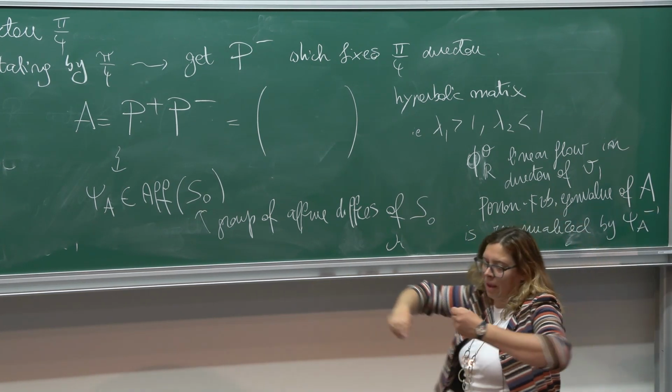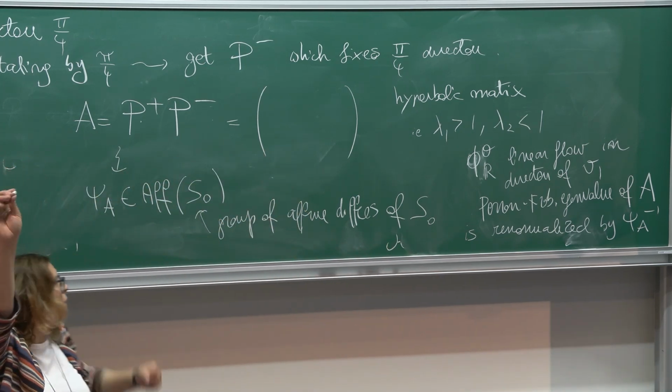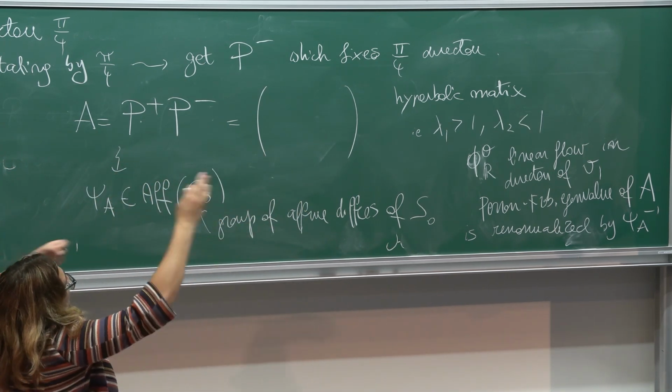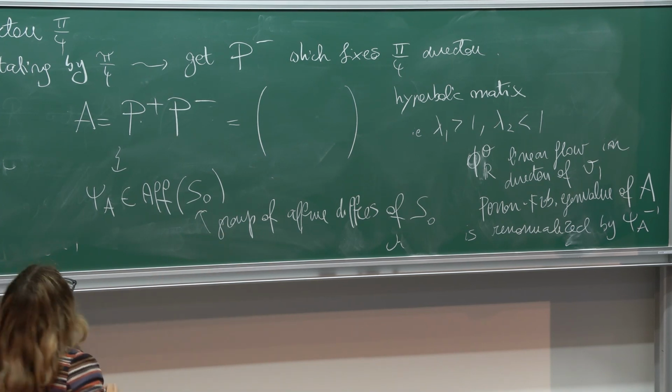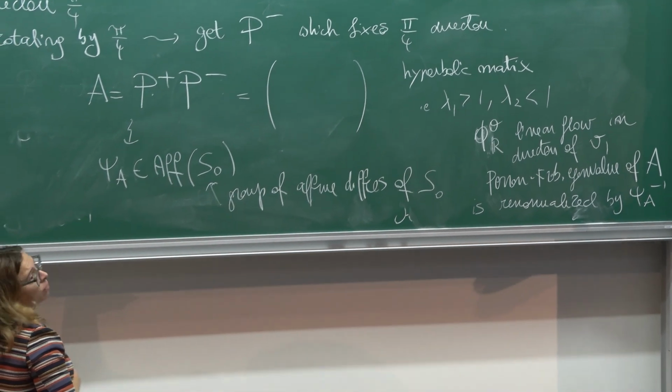So if I take a long trajectory of this linear flow, like in the cat map, I can rescale it by the inverse to a short trajectory of this linear flow.